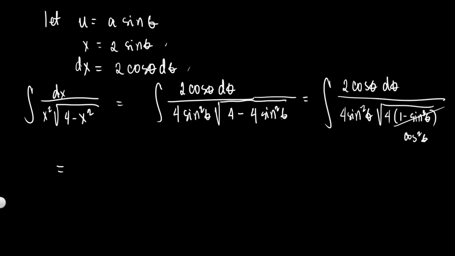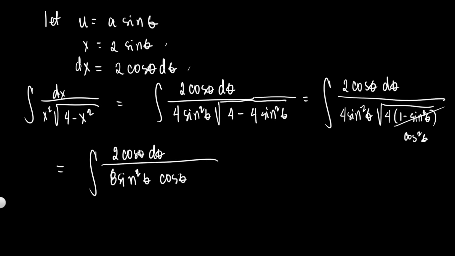So, integral of 2 cosine theta d theta over square root of 4 is 2, 2 times 4, 8, sine squared theta. Square root of cosine squared theta is cosine theta. Cancelled. Anong natira? 2 over 8 is 1 over 4.